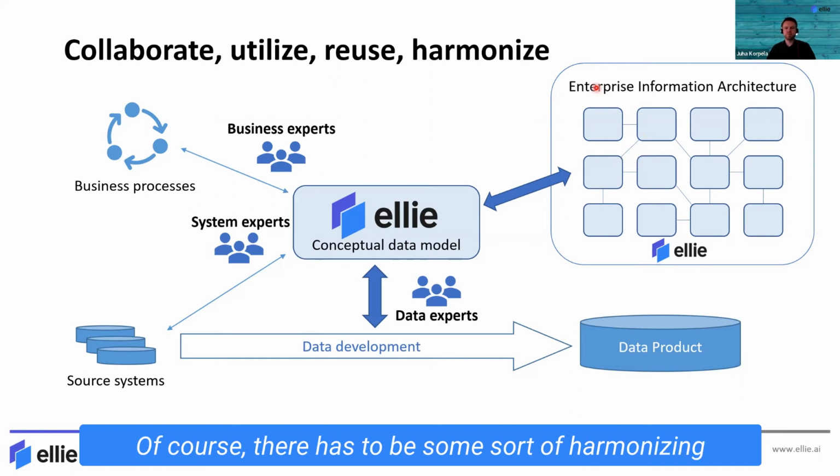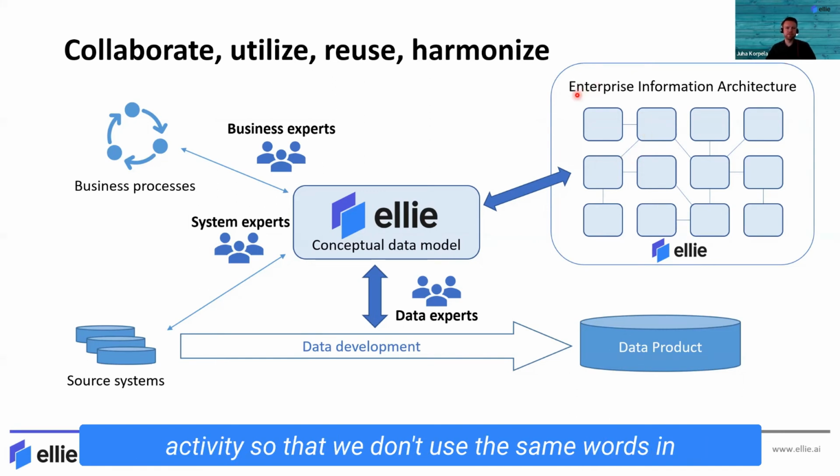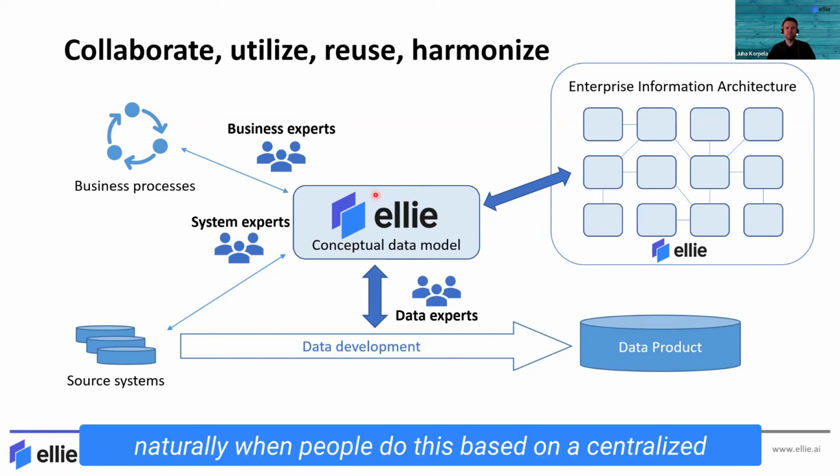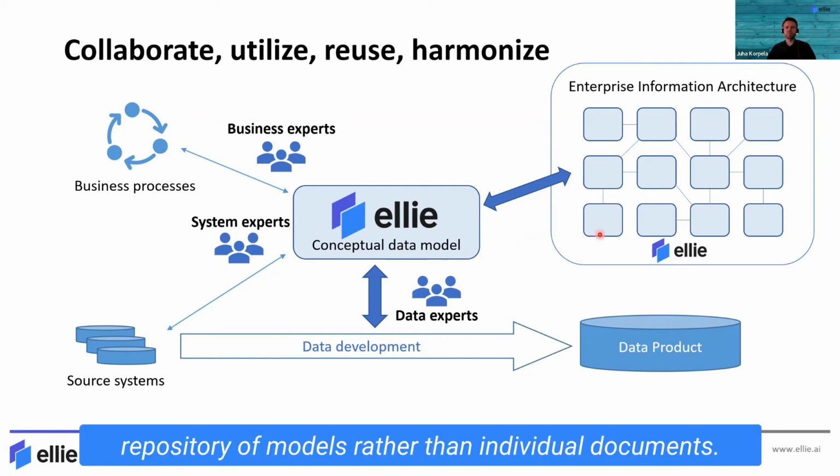Of course, there has to be some sort of harmonizing activity so that we don't use the same words in different contexts and so on and so forth. But this is something that also happens naturally when people do this based on a centralized repository of models rather than individual documents.